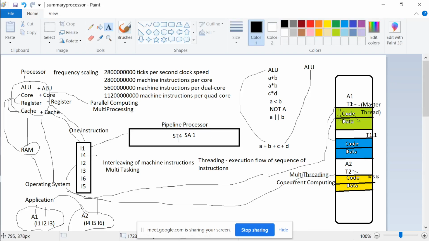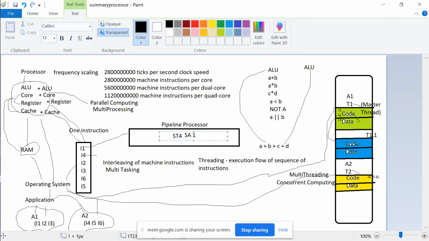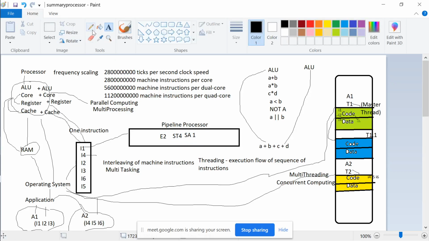While your instruction 4 is getting stored, your I2 instruction is getting executed, which is like your next instruction. Your I3 is going to get decoded over here.